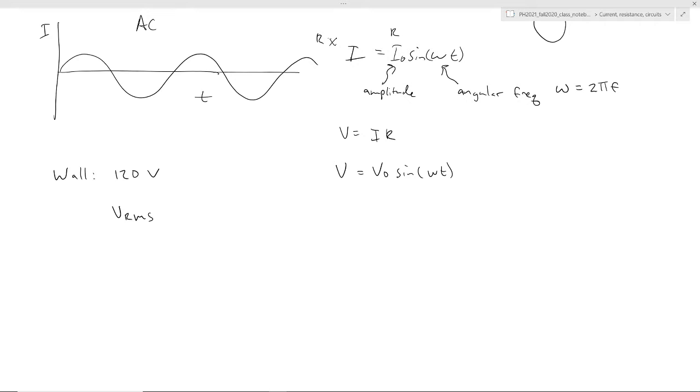So an RMS is a square root of the average of the square of the voltage. And it's useful, I think, to think of what this looks like graphically. So if you were to look at the average voltage, what that would amount to would be you would integrate the voltage over one period.